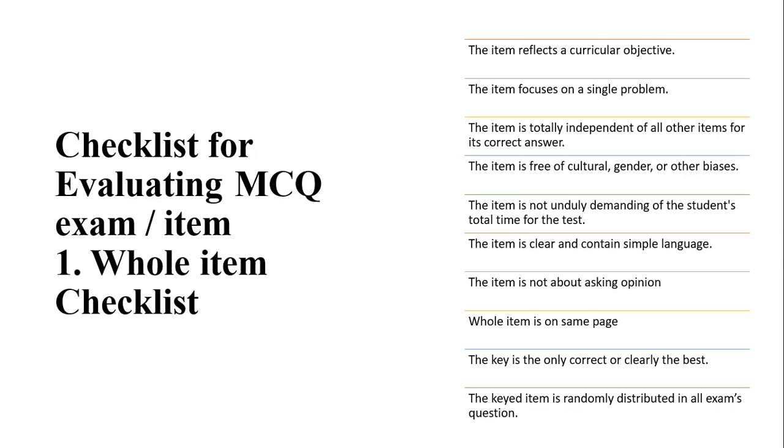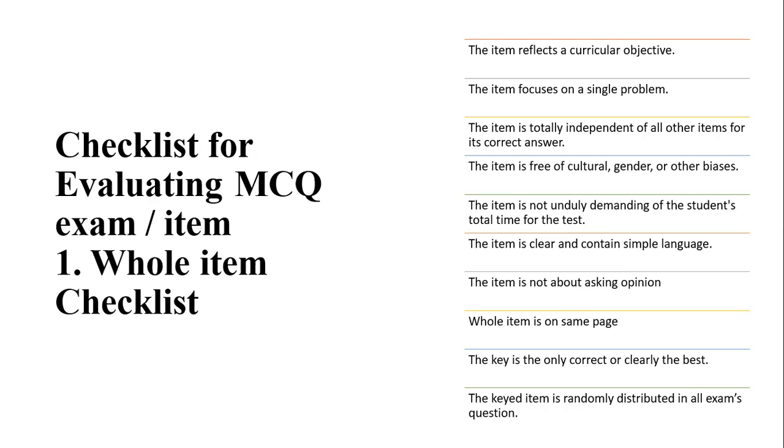Number three, the item is totally independent of all other items for its correct answer. That's to say, question 2 is not depending on question number 10 and so on. So each item is completely independent of the other items.